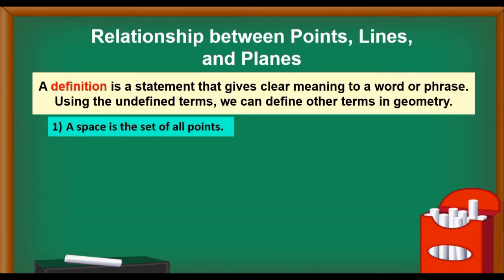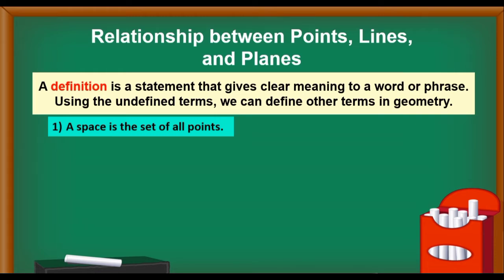One good example of set of all points, ang space ay ang ating langit or ang ating sky, especially sa gabi. 'Di ba? Once na tumingin tayo sa ating mga ulap or sa ating sky, makikita po natin yung mga different stars. At the different stars, yun po yung nagre-represent ng ating points. So, a space is the set of all points.